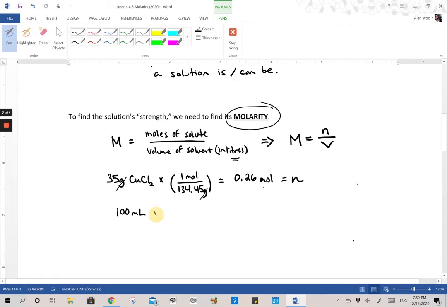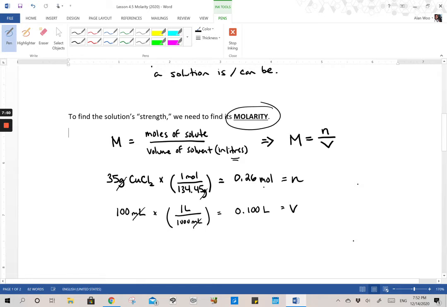So using my conversion factor to change milliliters into liters, it's 1 liter over 1,000 milliliters. So milliliters cancel out, and basically you get 0.100 liters, which is your volume.